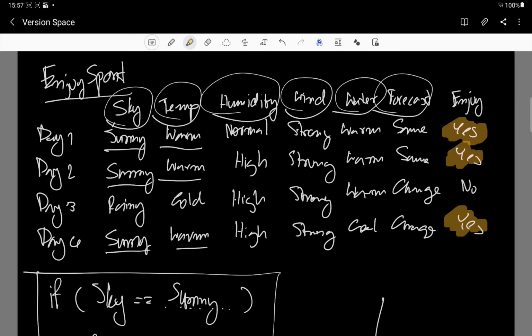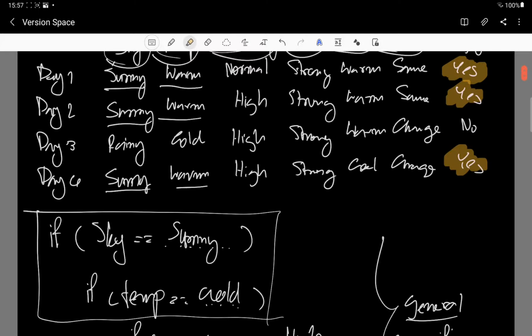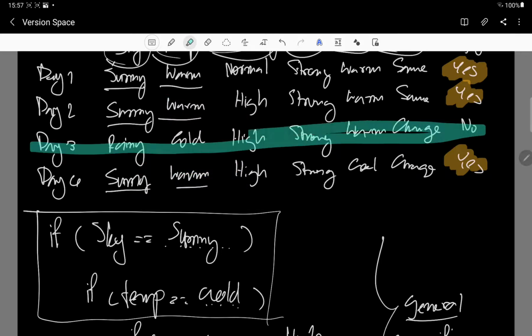So if we use this rule that covers three positive examples, on day three, the rule doesn't cover this day, so this day will be classified as the negative one. That's correct according to our example, right?